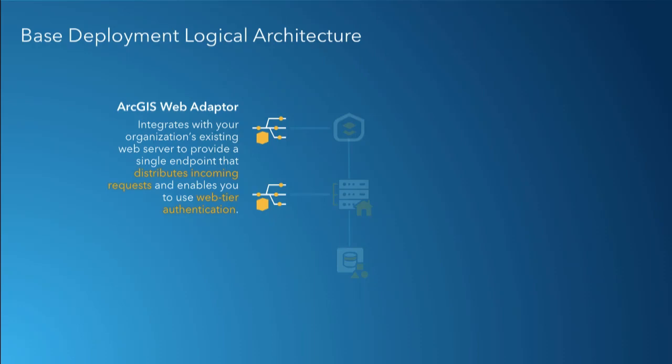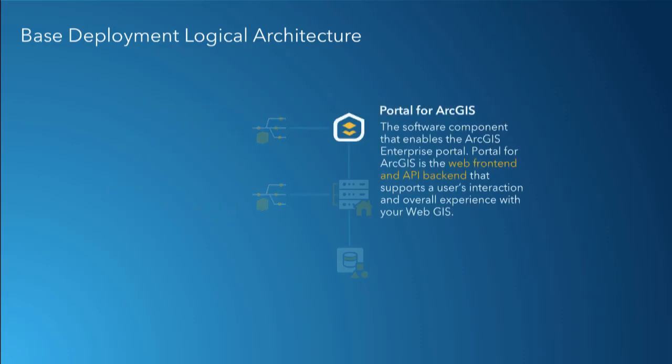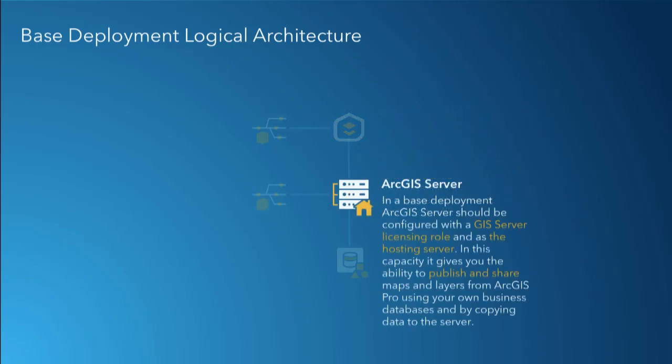There's one web adapter for the portal, and there's one web adapter for that hosting server, the ArcGIS server that's been designated to be the hosting server. The portal, as I mentioned, is that front end for the web application that's often, at least internally to Esri, referred to as the home app when you log into the portal website, and that back-end API.